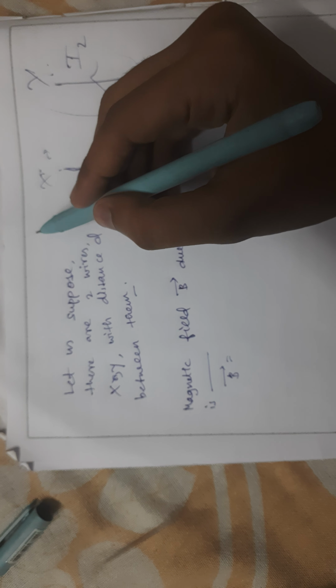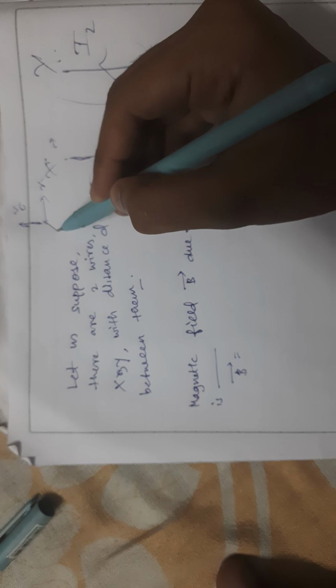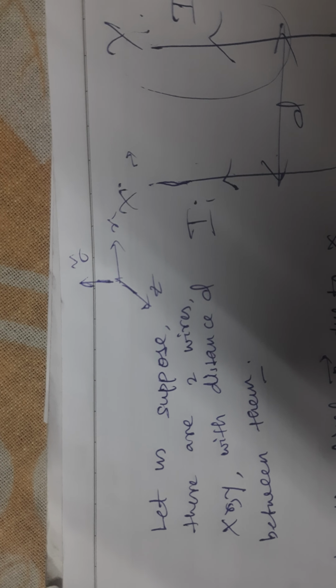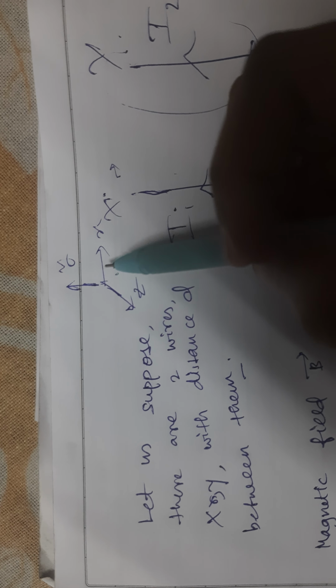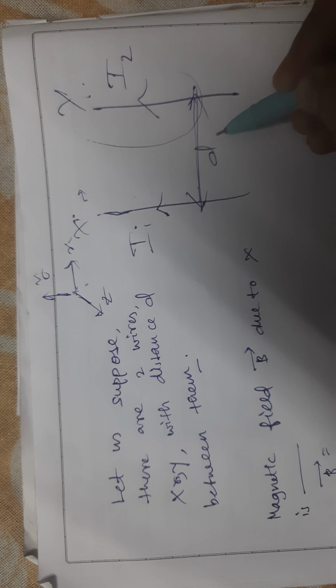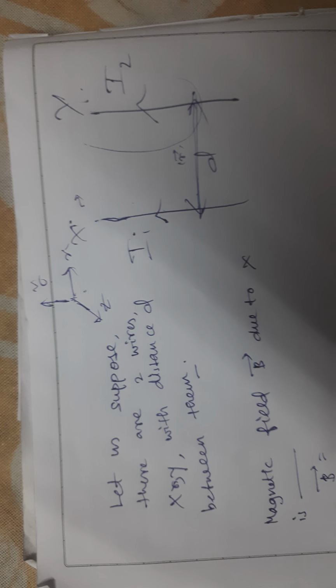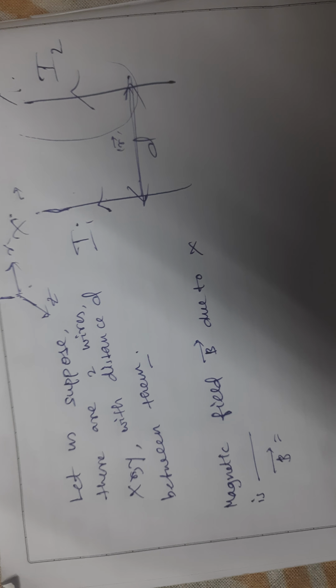Okay, so we will first take this X, this is Y, and this is Z, right? We will take this X, Y and Z. So first see, this distance we will take as the R vector. We will think of it as an R vector because this is a force, so we have to treat it like a force.